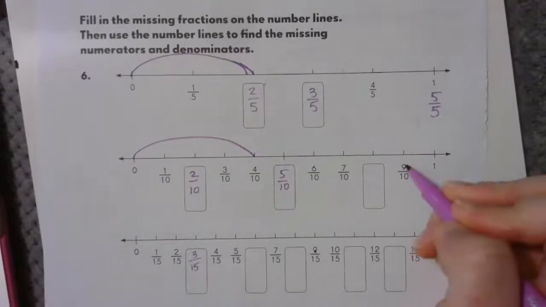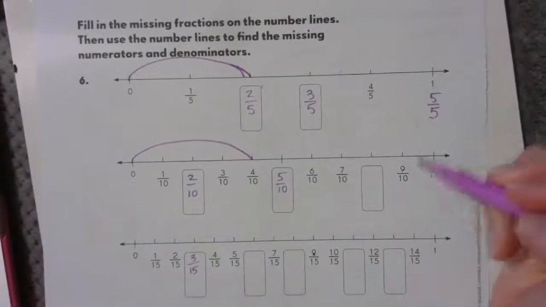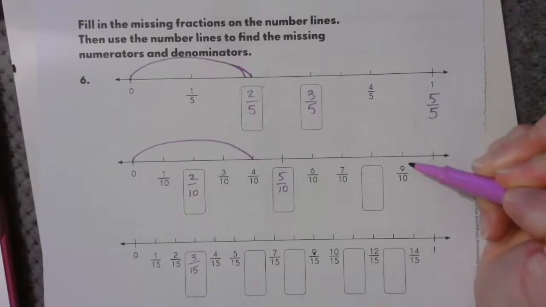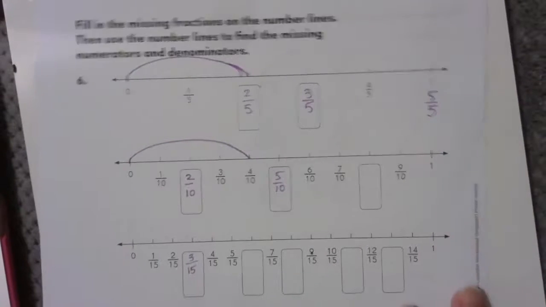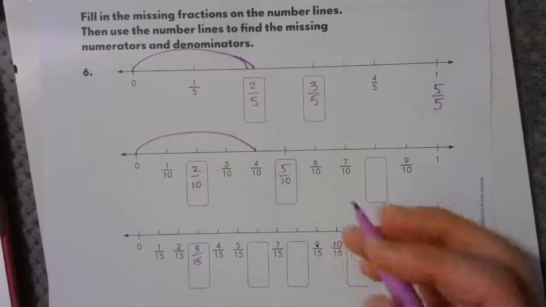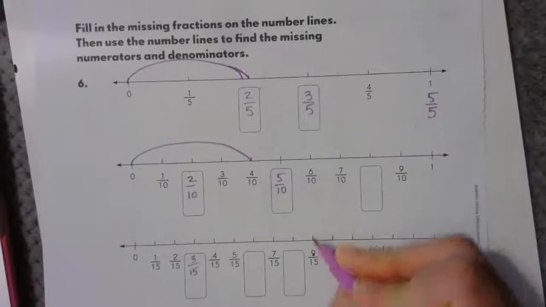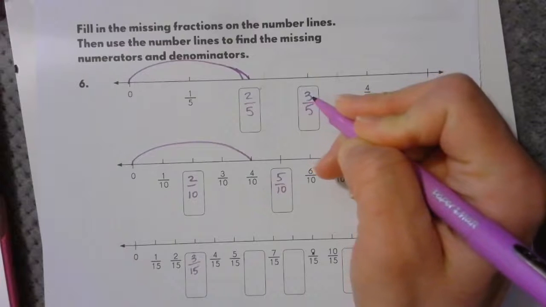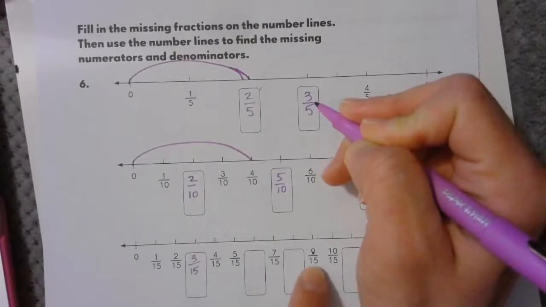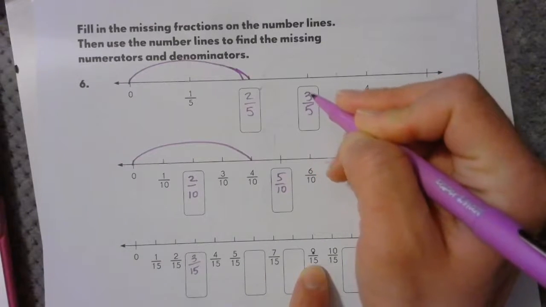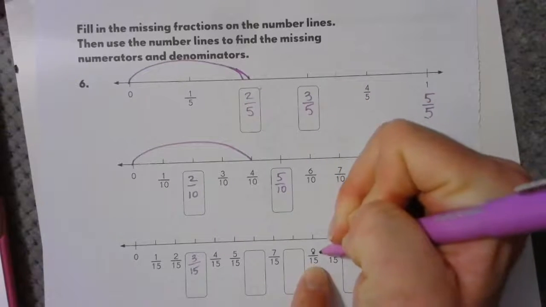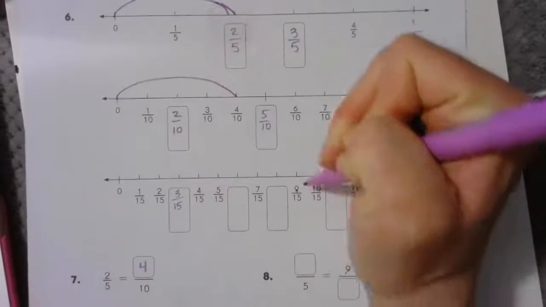I see 9 as a numerator here. Okay? If 9 is a numerator here, are there any fifths that are equivalent to that? I don't think so. But if I have a 9 numerator here, let's see if I go up, up, up. Are there any fifths that are equivalent to the fraction that has 9 as a numerator? Yes. 3/5 are equivalent to this fraction that has 9 as a numerator, and that's 9/15.